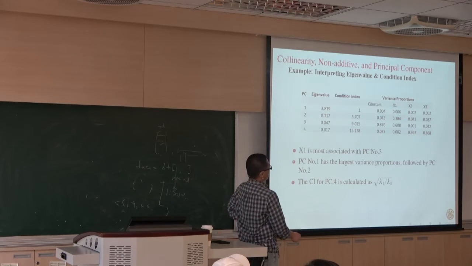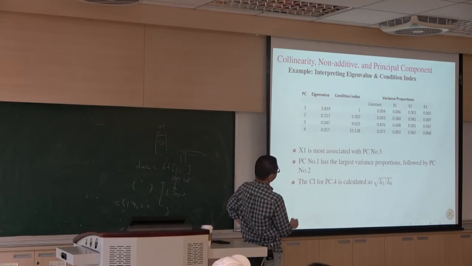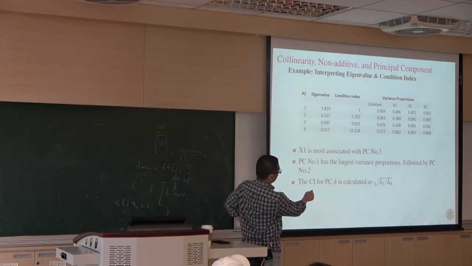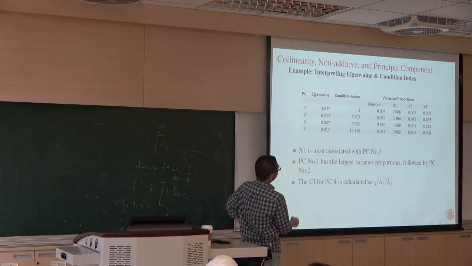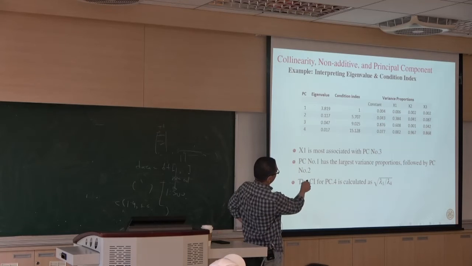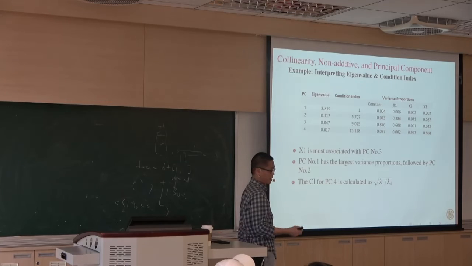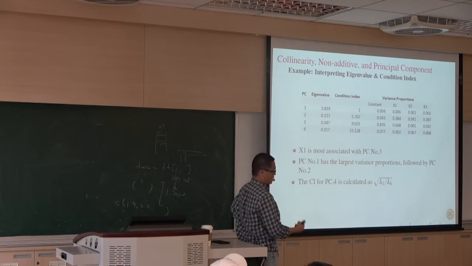So we can see the eigenvalue and condition index here. The first principal component, we will get to that real quick, has the largest eigenvalue because it accounts for the majority of the variability in the data.